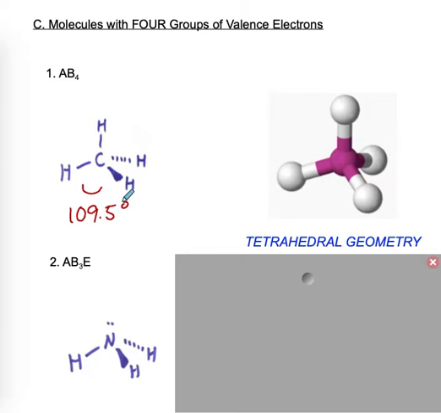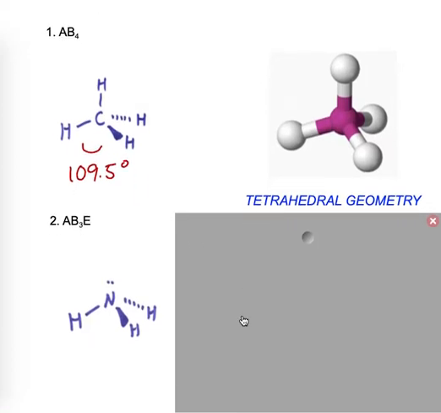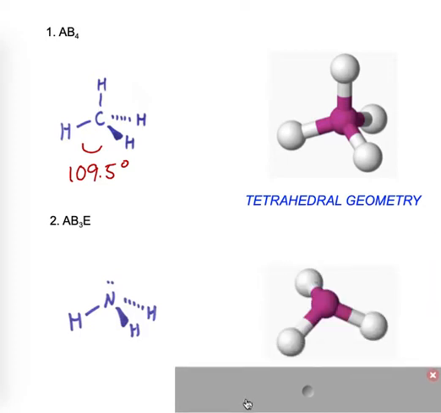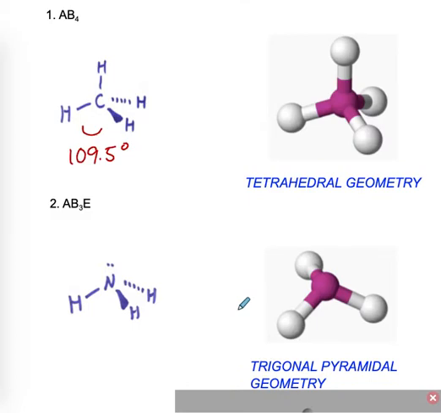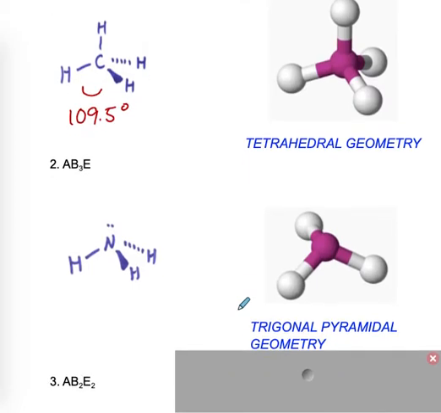If we replace one of those bonded atoms with a lone pair to obtain an AB3E type molecule, as is the case with ammonia NH3, we now no longer call it tetrahedral, but instead trigonal pyramidal, because the four atoms form a trigonal pyramid.